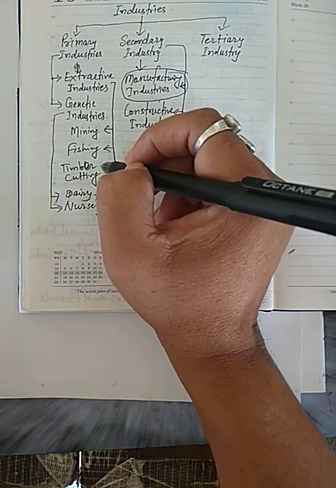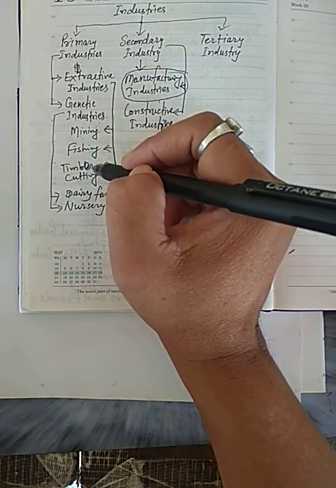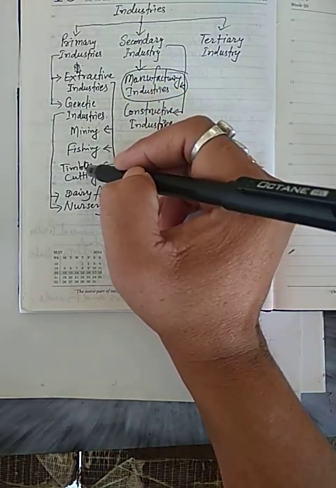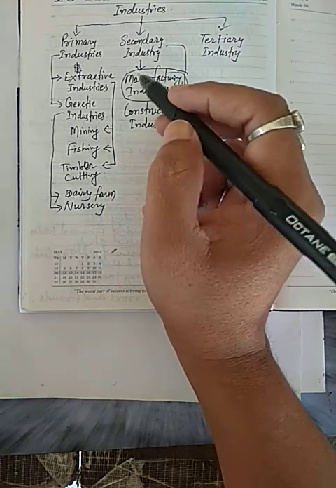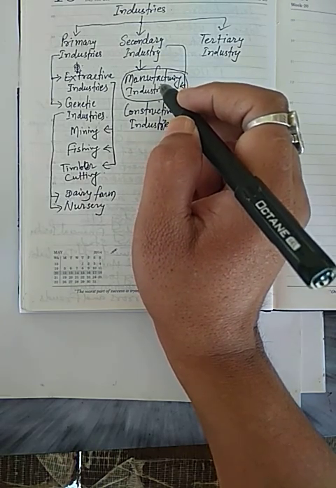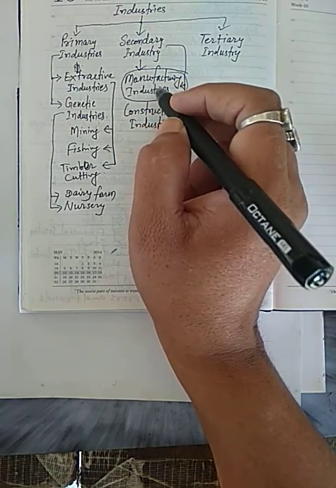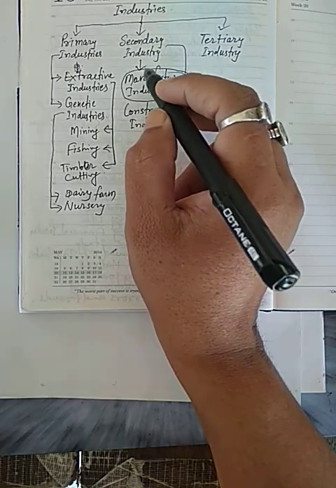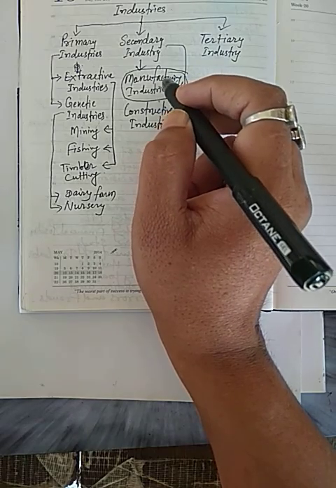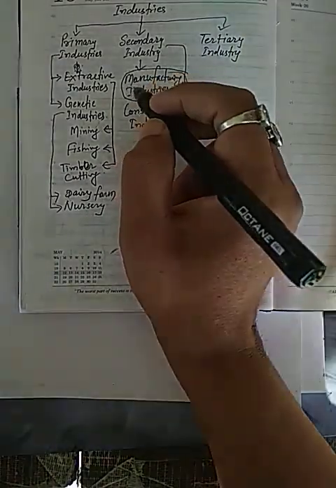Timber cutting is related to primary industry, but when timber cut is sent to secondary industry and converted into furniture, it comes under secondary industry. Iron into steel, from iron it is converted into steel.